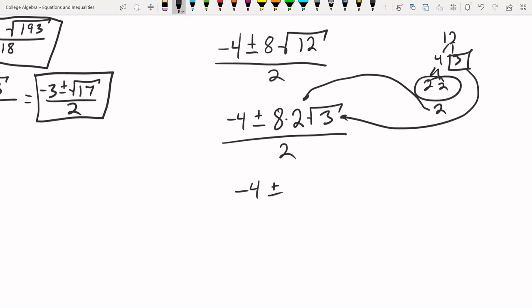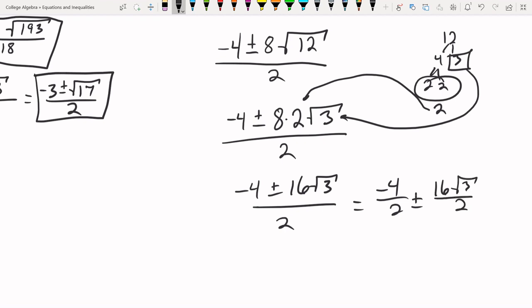Simplifying the 8 times 2, it gives us 16 root 3 over 2. And now you see that we can break this up into negative 4 over 2 plus or minus 16 root 3 over 2. And these can be reduced. Negative 4 over 2 can be reduced to negative 2. 16 over 2 can be reduced to 8.